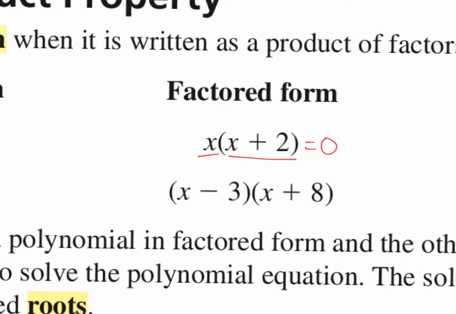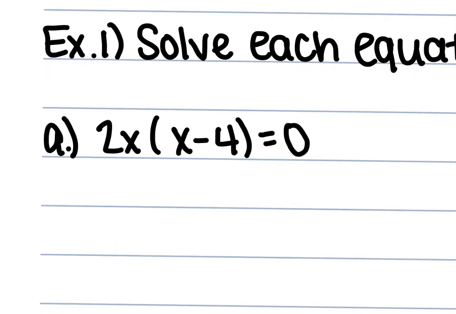So, scroll down to A, where we have 2x times x minus 4 equals 0. Using the zero product property, because there's a 0 on this side, we can use it. We can say this is 2x and this is x minus 4. Two things being multiplied by each other equals 0.